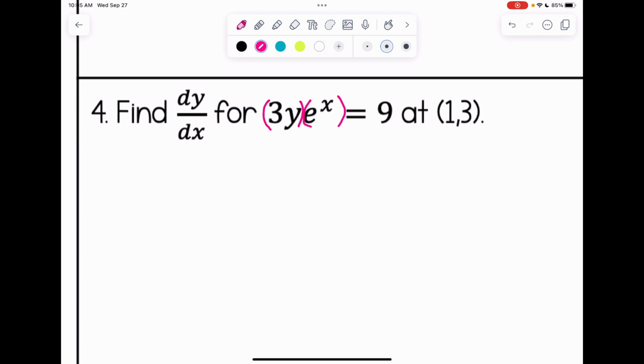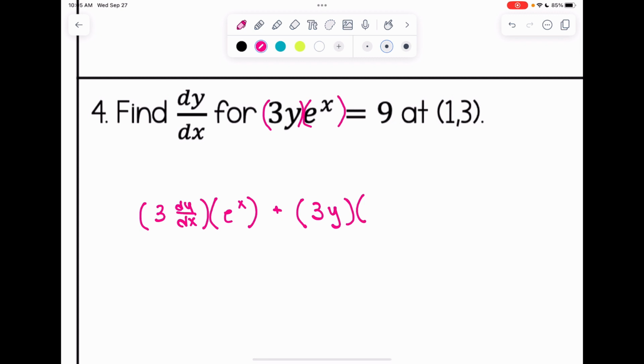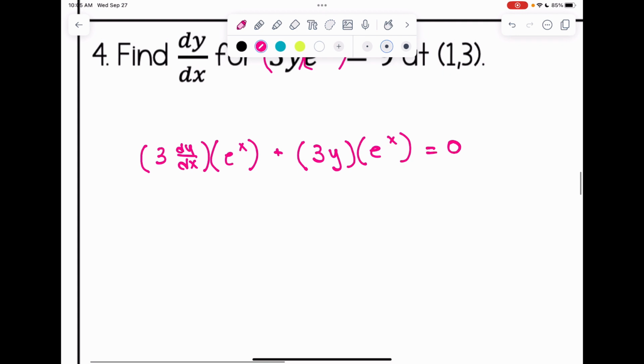So the derivative of the first term is 3 dy dx times the second, plus the first term times the derivative of the second. Derivative of e to the x is just itself, equals 9. That derivative is 0. And I'm just going to simplify this slightly.